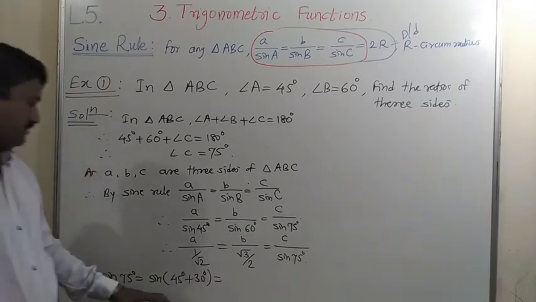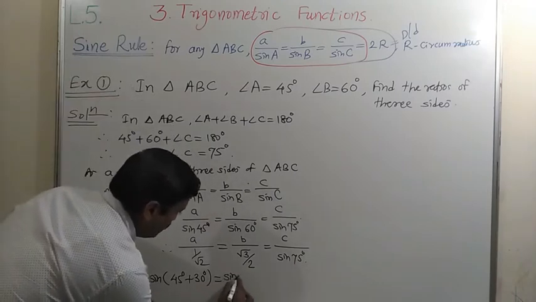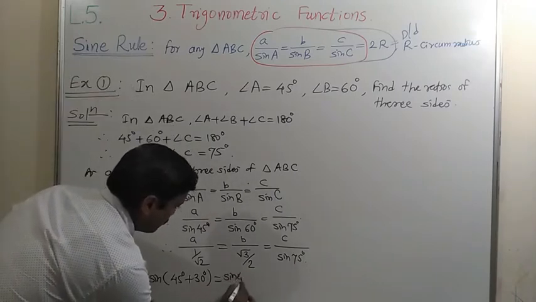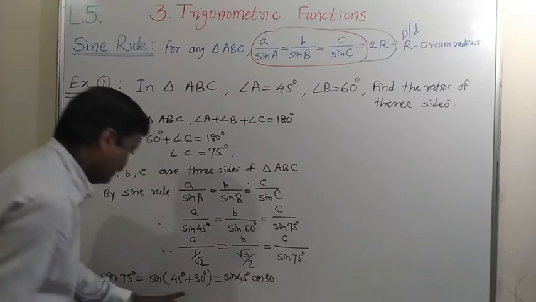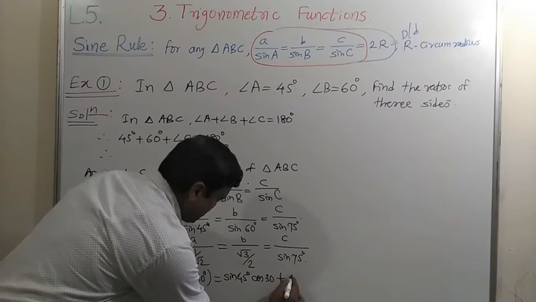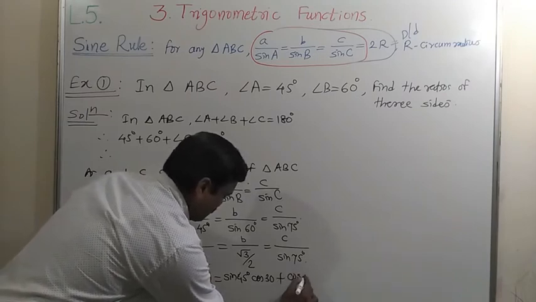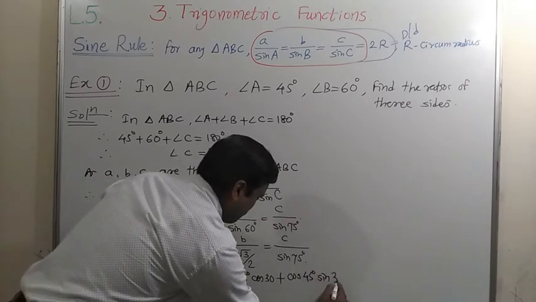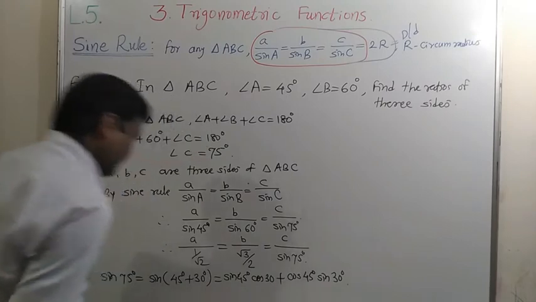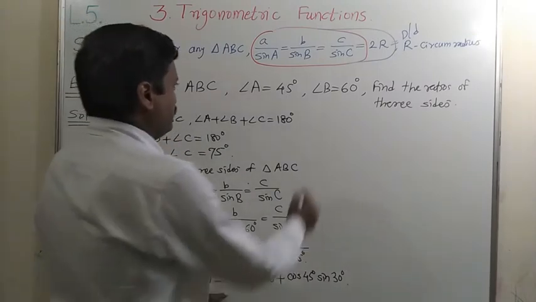So use the formula sine (A plus B) is equal to sine A cos B plus cos A sine B. Here it is sine 45 cos 30 plus cos 45 sine 30.